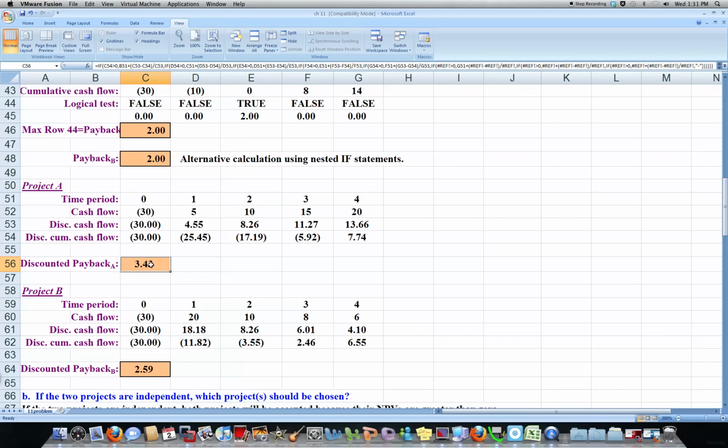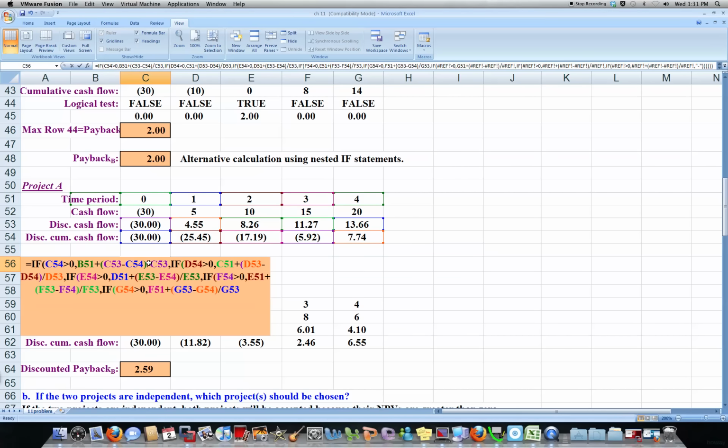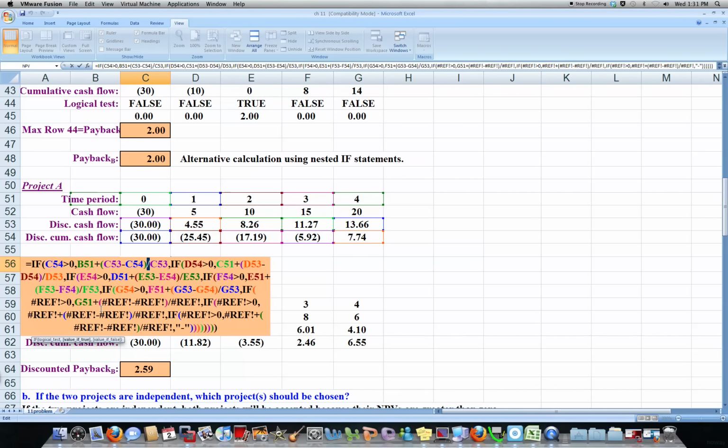We did our IF statements to look through all of these, and we found that when we come down to G54, it is greater than 0.